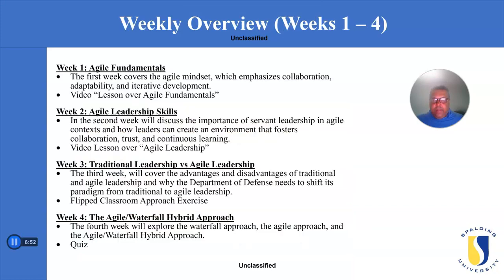Moving on. So weekly overview, weeks 1 through 4. In week 1, Agile fundamentals. We'll have a video lesson over Agile fundamentals, and we'll also cover the Agile mindset. We're going to focus on the emphasis of collaboration, adaptability, and iterative development.